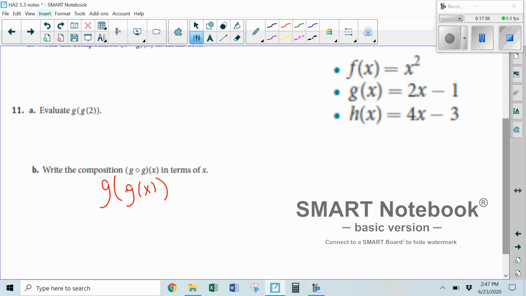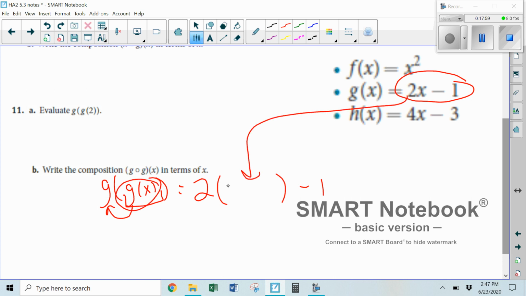We are taking g of x and plugging it into g of x. So let's begin by writing g of x with a blank for x so we can plug something in. And what we're going to plug into this function is the g of x function. So this function is going in here. Lastly, simplify.